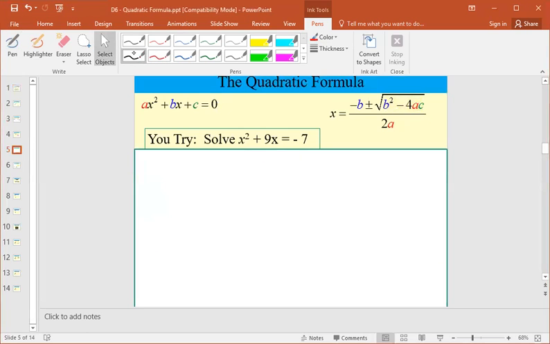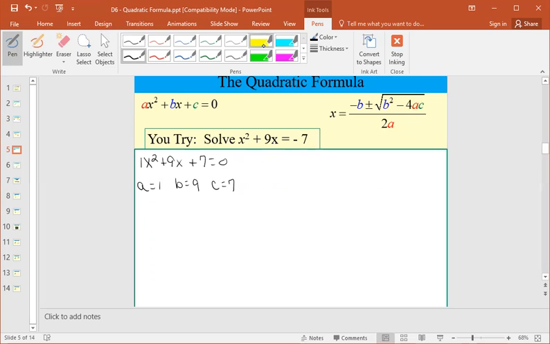So let's try a second one. Now notice this -7 is on the right. We want to move it to the left. So x squared plus 9x plus 7 is equal to 0. We will identify a, b, and c. A is still 1 in this example. B is +9. C is +7.